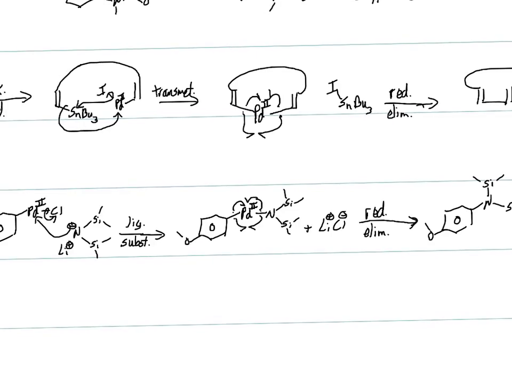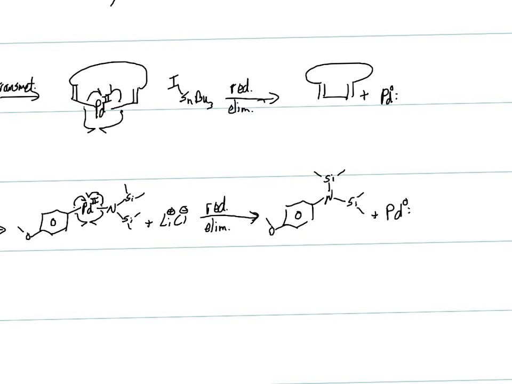N minus, lithium plus. So there's Li plus. So when the Cl minus comes off, you're going to make lithium chloride, which will probably crash out of solution as a salt. Now you still have palladium 2, right? Oxidative addition, oxidation state didn't change. Do your reductive elimination. Back to palladium 0. Pretty straightforward.